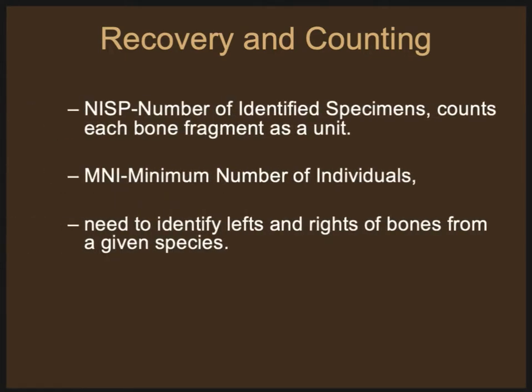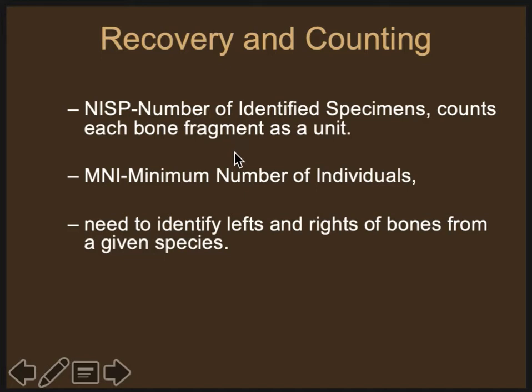One of the basic forms of analysis that zooarchaeologists engage in is when they're given a collection of animal bones recovered from an excavation, they try and figure out some basic characteristics such as the NISP, the number of identified specimens. So just the total amount of bones that were recovered.